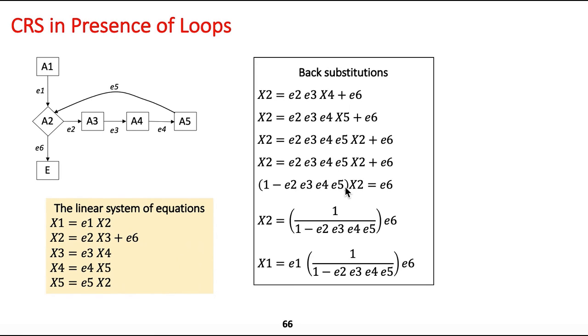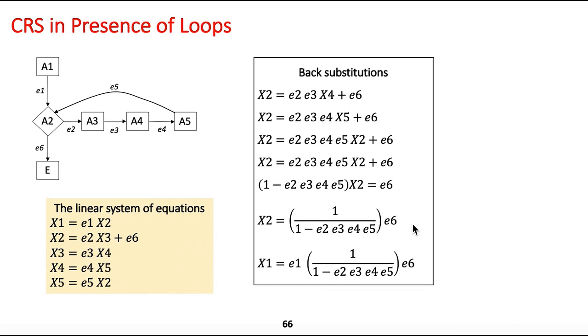We get an equation where we have some coefficient alpha. Alpha is 1 minus E2, E3, E4, E5. So we have alpha x2 is equal to E6. And so we have to divide by alpha to get x2. So x2 is 1 over alpha times E6. And so we get the solution.